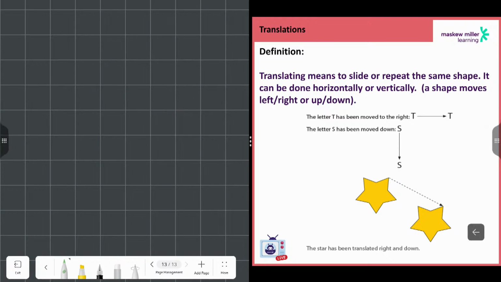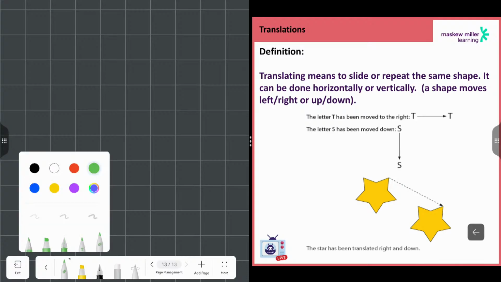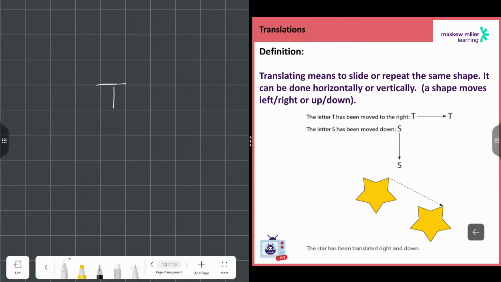If I use a letter T, which is an example, and it just moved from one point to another. So if I have the letter there which moved, and then I have the same letter there which has just moved from here to there, so that is actually our sliding of translation. And also the same letter can then move down like that. So that is what we call translation, right?